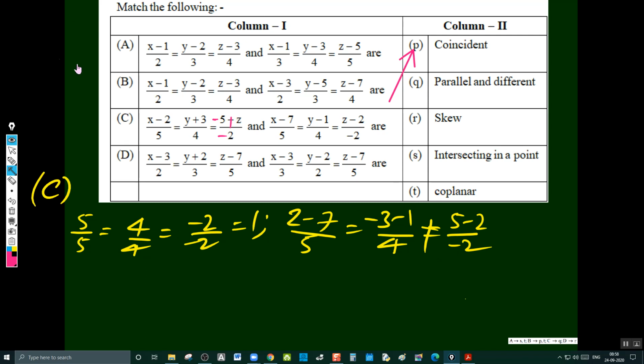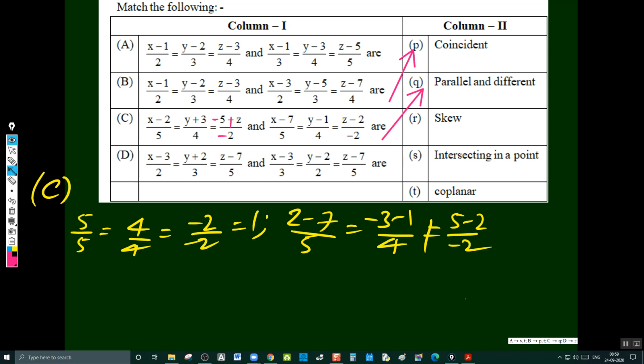So what should be the answer? Respond please for C. Parallel and different. What is the answer for C? Yes, they are parallel and different. This one, parallel and different.